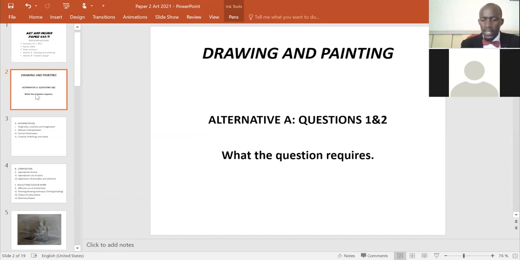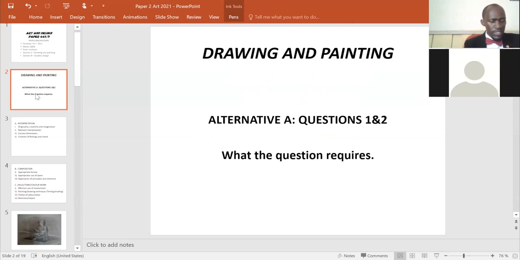The questions look to test the ability of the learners to create, because most of the time the question is about creating. For example, a question paper reads, section A, answer only one question chosen from either alternative A or alternative B. Alternative A, we have drawing and painting.